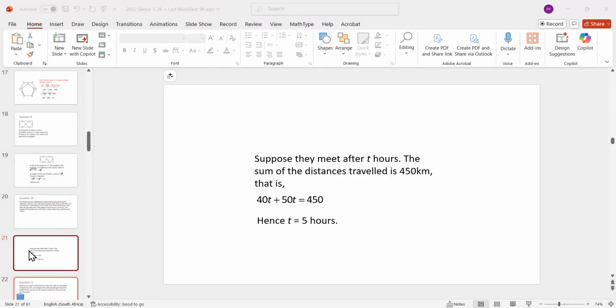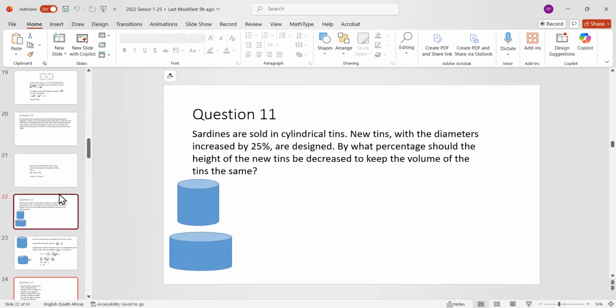Okay, so let's get on to the next problem. This is question 11. Sardines are sold in cylindrical cans. 2 tins where the diameters increased by 25% are designed.